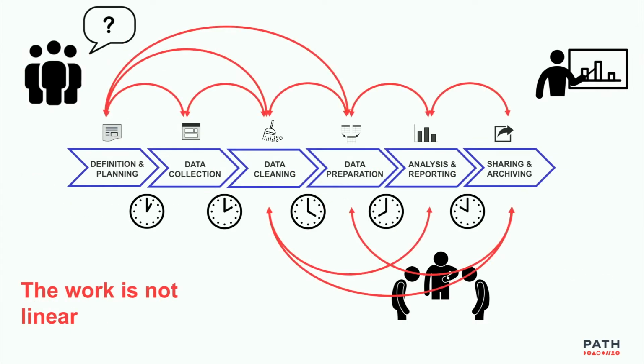The other part is that this, as we know, is not a linear process. I love that, at least in global health, we've laid it out that way. But in fact, we're consistently in loops where we go back and revisit the data. We're cleaning and preparing it multiple times, and analyzing it. So it's more of an ecological model as we think about moving through our data and information.